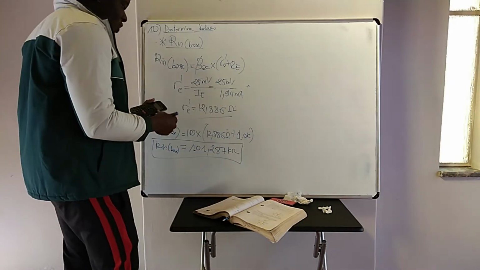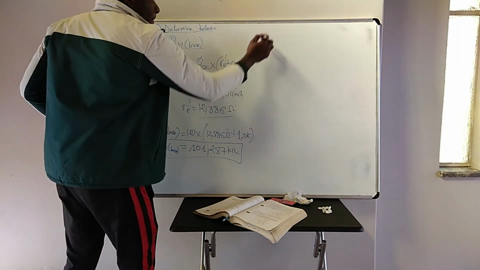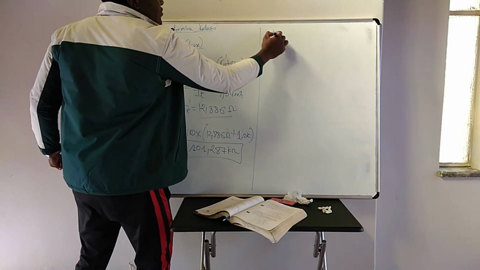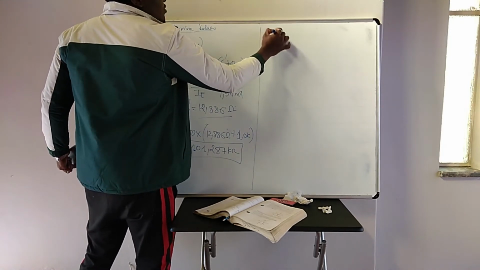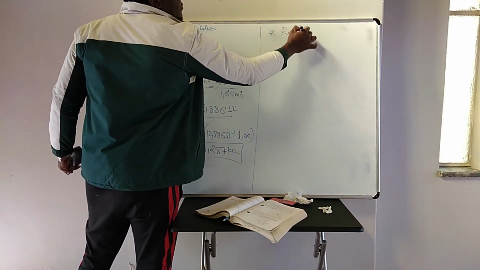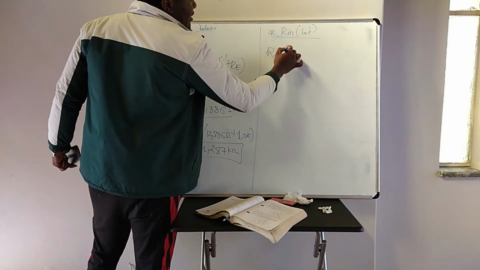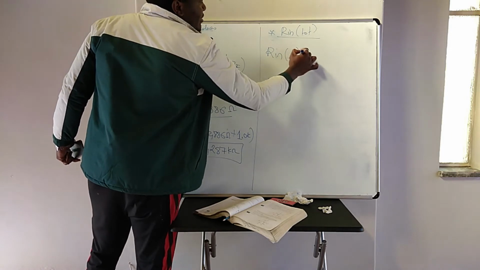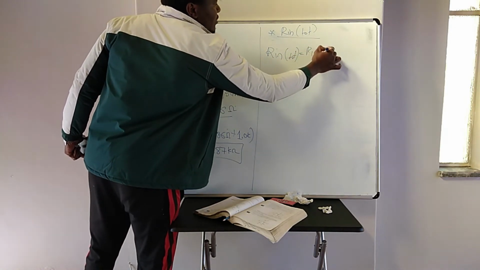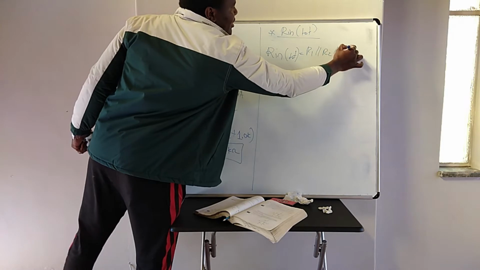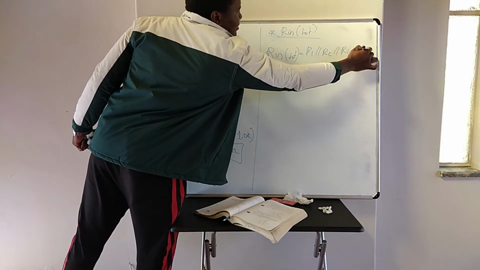So now let's go to R in total. We know that R in total is equal to R1 parallel to R2 parallel to R in base.